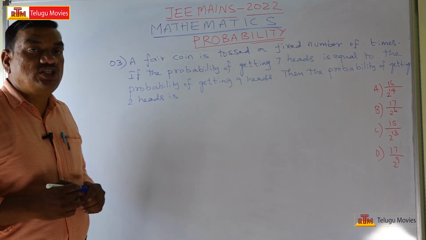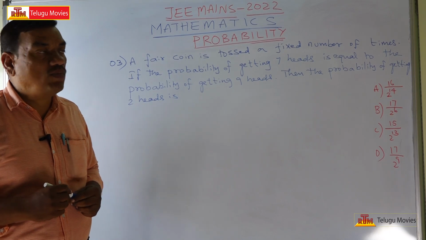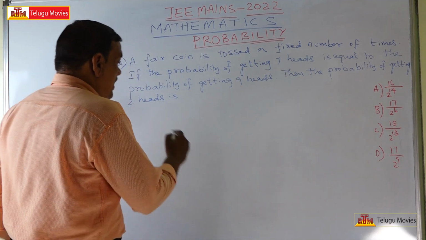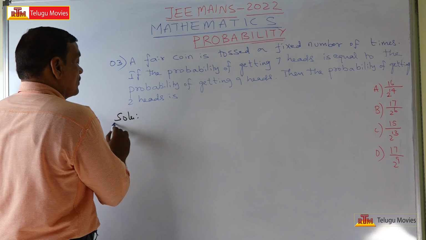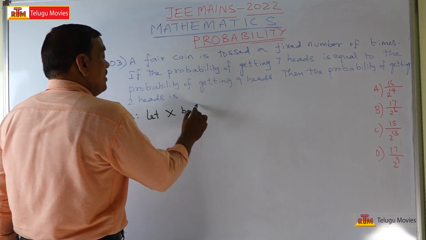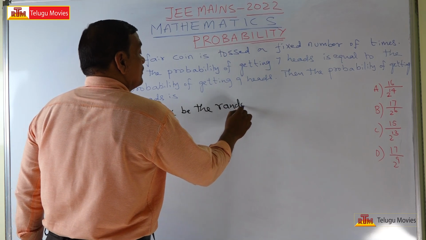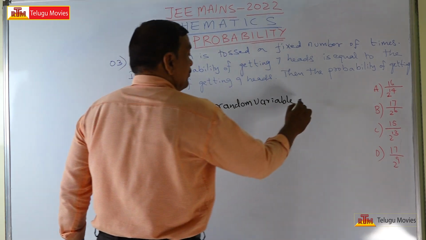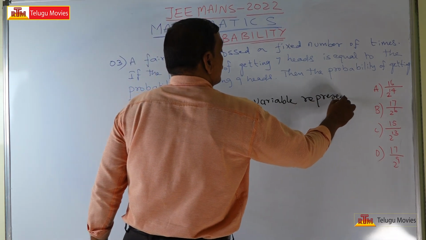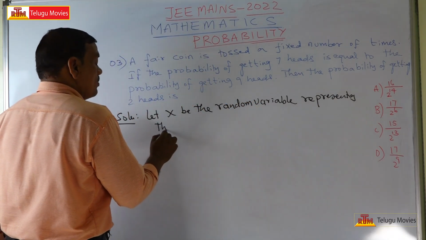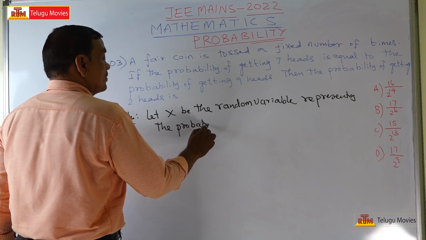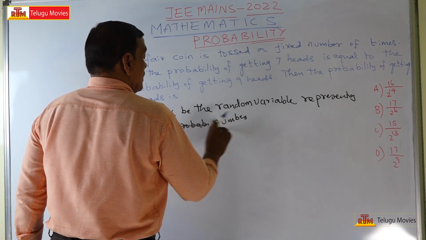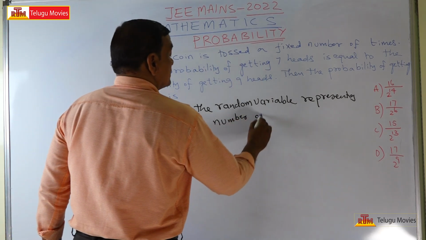Now, to do this problem we should know one basic formula from the chapter probability. Let x be the random variable representing the number of successes.